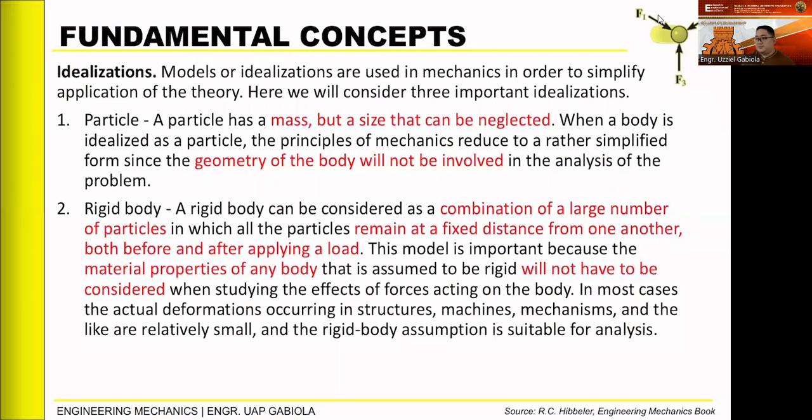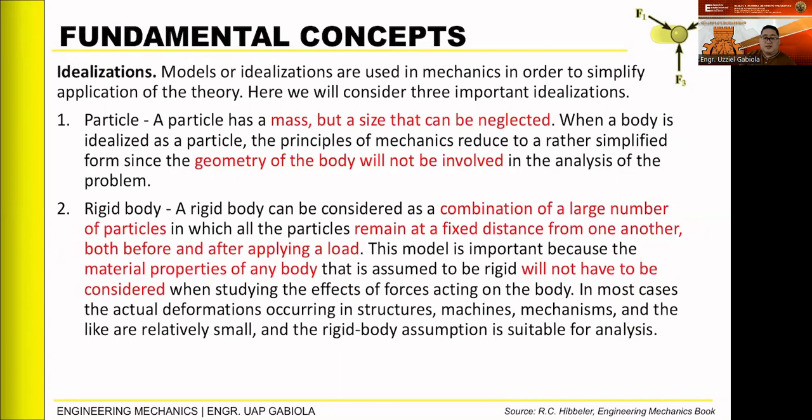Okay? So, again, when we are talking about a particle, the geometry of the body will not be involved. So that is emphasized with the red font. Next is what we call a rigid body, because we are in rigid body mechanics. So what do we mean by a rigid body?